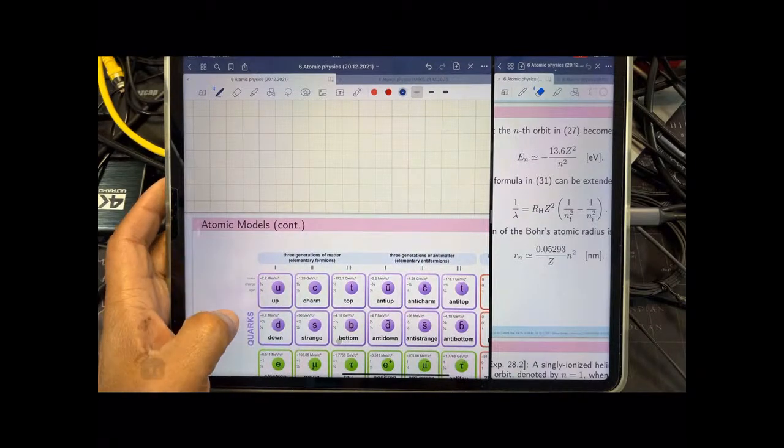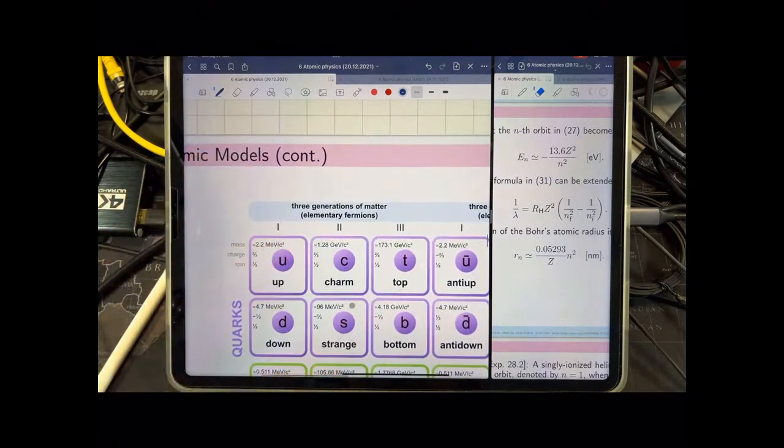And the next thing is the strange quark. The strange quark has 96 mega electron volt per c square, and that's the mass for the strange quark. The charge is the same, minus 1 by 3, and the spin number is 1 by 2.